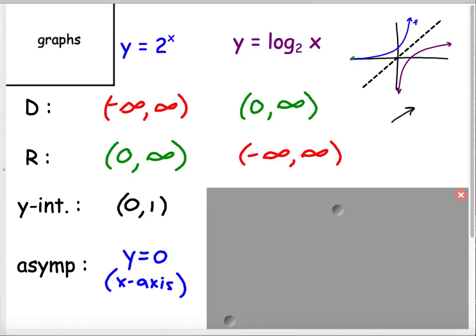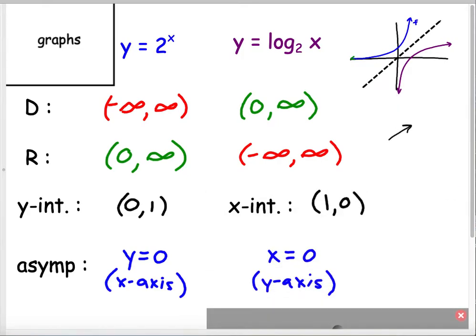Now it does not have a y-intercept because x can't be less than or equal to 0. So it doesn't cross the y-axis, and the y-axis is actually a vertical asymptote. The exponential function had a horizontal asymptote, and it makes sense, therefore, that its inverse should have a vertical asymptote. And it does have an x-intercept.